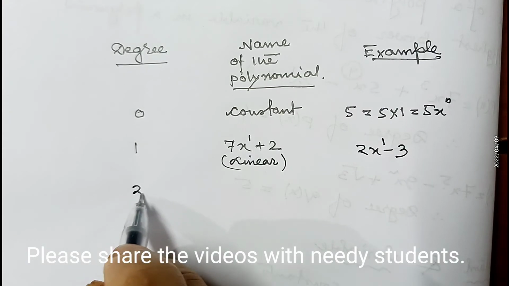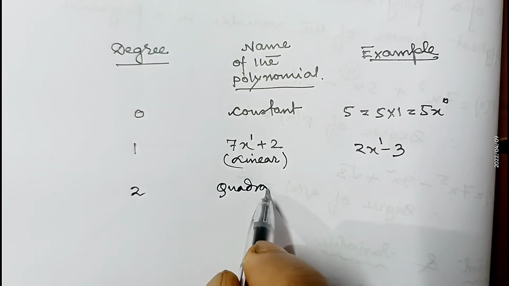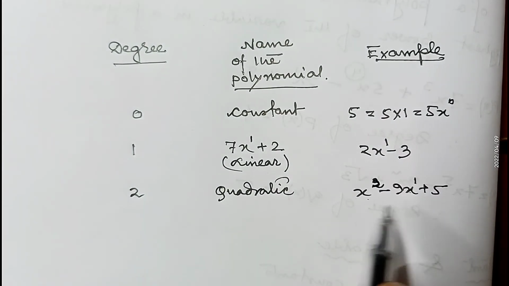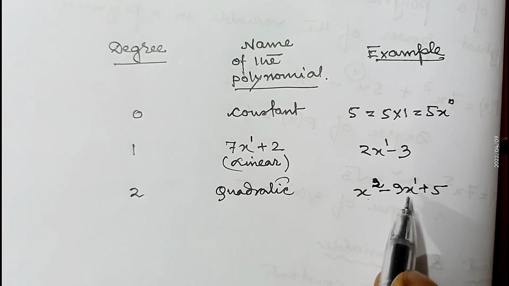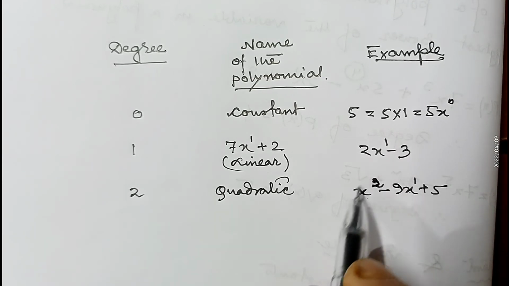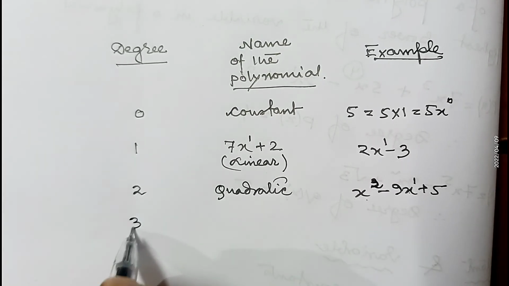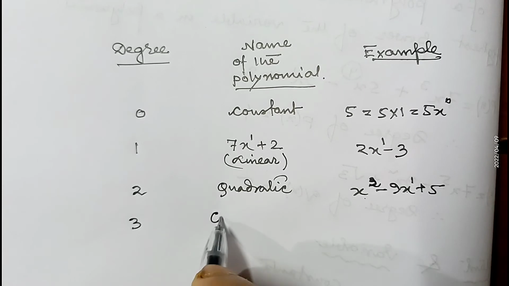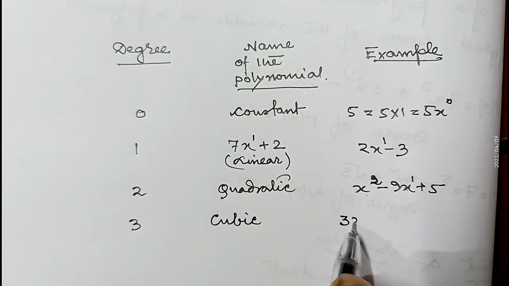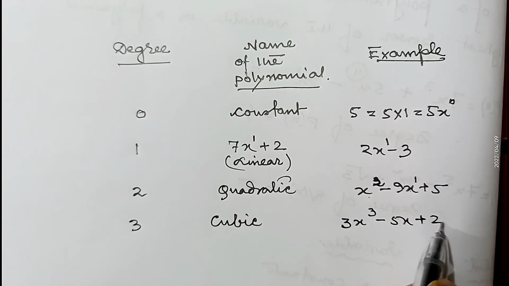Suppose degree is 2, then it is called a quadratic polynomial. Suppose x squared minus 9x plus 5. Here power of x is 2 and here power of x is 1. Since maximum power is 2, this is a quadratic polynomial. If degree is 3, then it is called a cubic polynomial. We can consider an example like 3x cubed minus 5x plus 2.